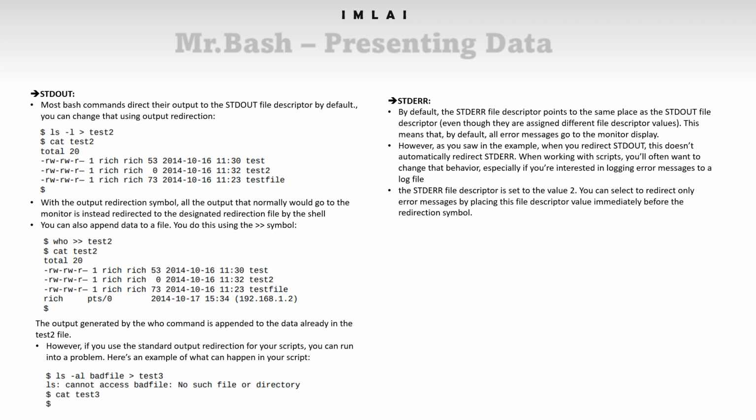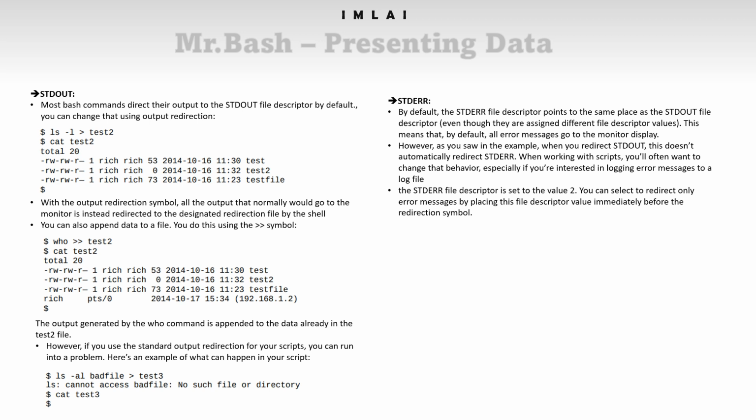By default, the stderr file descriptor points to the same place as the stdout file descriptor. The shell handles error messages using the special stderr file descriptor, which references the standard error output for the shell.